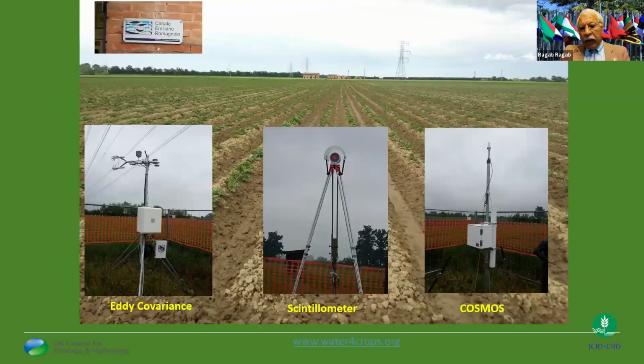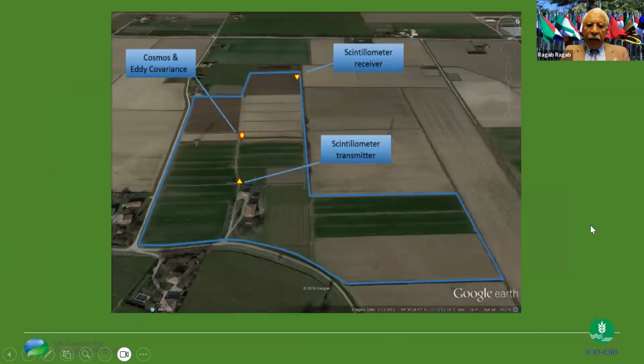The equipment that we used on that site is the Eddy Covariance, Scintillometer and the Cosmos. And the location of the site here, you have the Cosmos and the Covariance at that point, the Scintillometer receiver and Scintillometer transmitter here. So we have that transect.